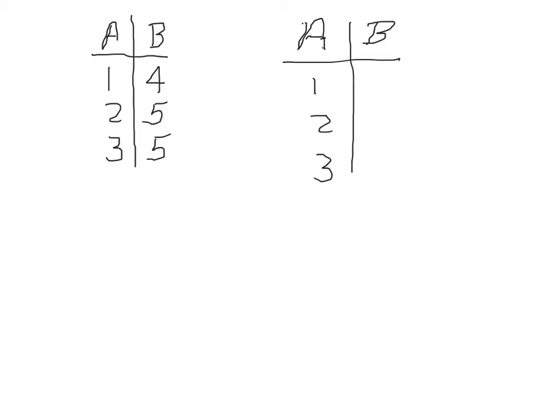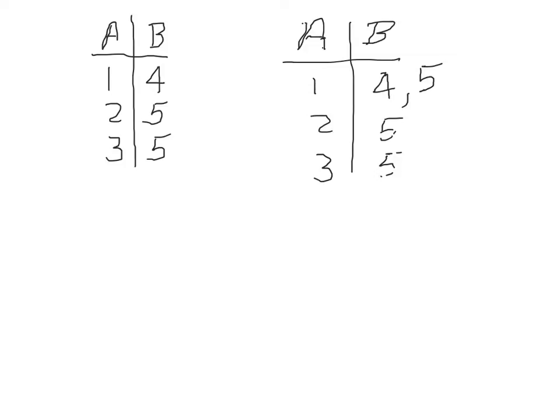And let's say 1 corresponded to 4 in set B, and also corresponded to 5 in set B. And 2 corresponded to 5, and 3 corresponded to 5. Well, notice 1 corresponds to both 4 and 5, so therefore this is not a function.